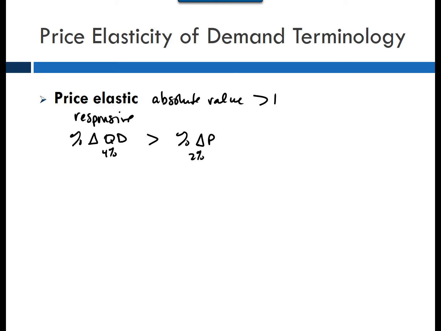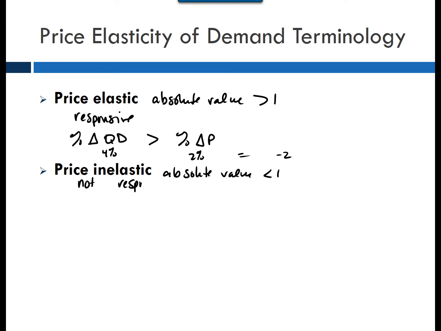The example we got in that one, it was -2. The absolute value is greater than 1. We ignore the sign. The absolute value is greater than 1. That is elastic. If it's price inelastic, that absolute value is less than 1, and so it's not very responsive.